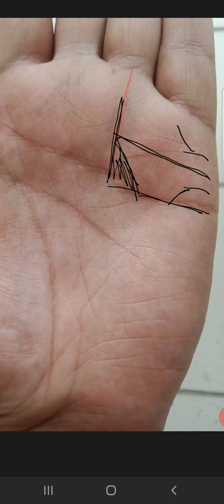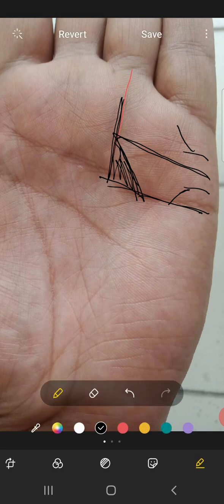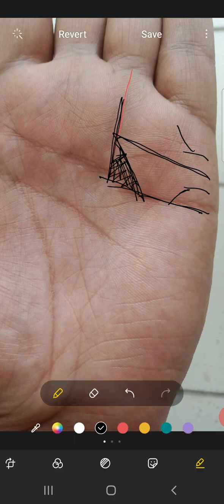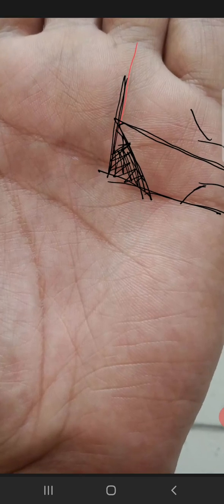This particular line comes, if it forms a triangle, the bigger the triangle, the chances are that in the marriage, the partner will benefit, the person will benefit a lot because of the partner. However, after a particular time period, maybe in his 50s or after the 55th or 56th year, he might start looking for some other partner, or there would be issues in the marriage or partnership.